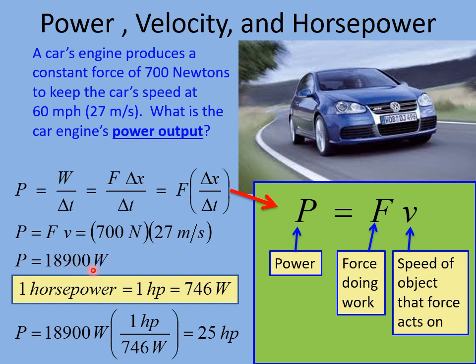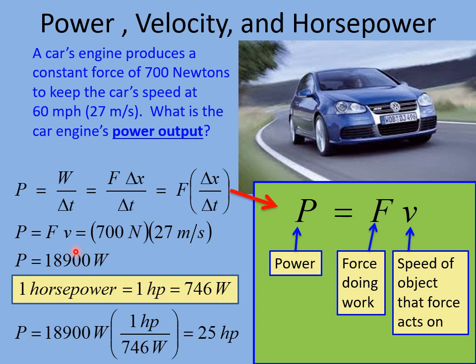Now, for cars and also some other industrial applications and so forth, power is not always measured in watts. It's also measured in an old English unit called horsepower. And this goes back to the old days when horses were pulling carriages and farm equipment and so forth. So 1 horsepower or 1 HP is the equivalent of 746 watts.